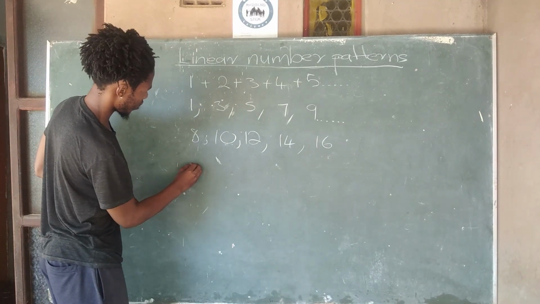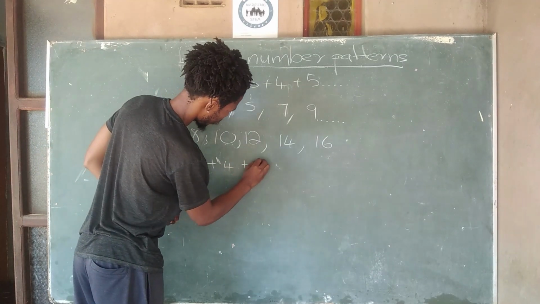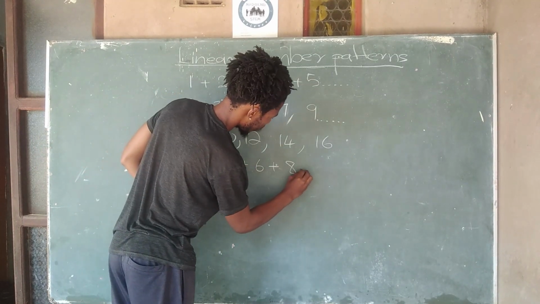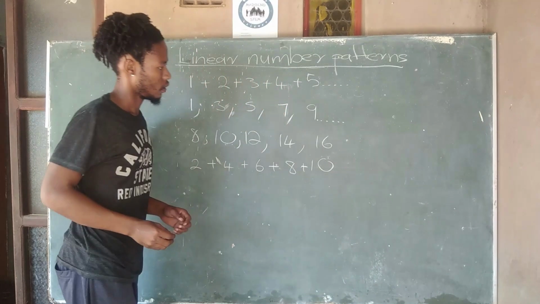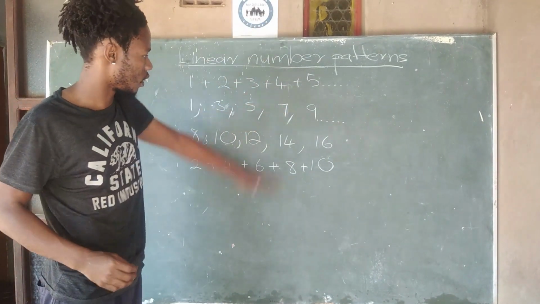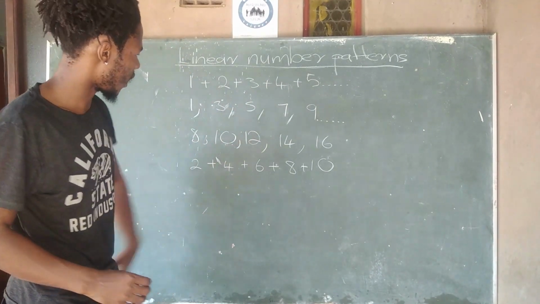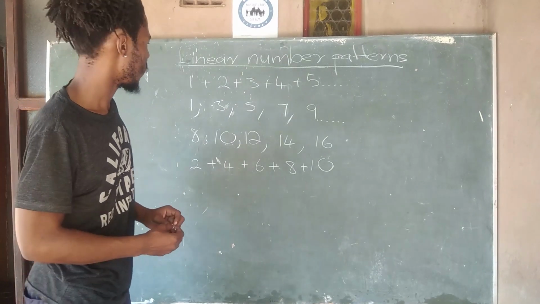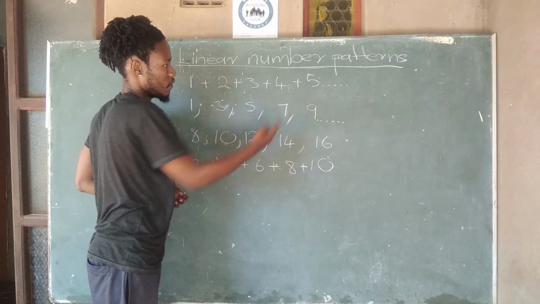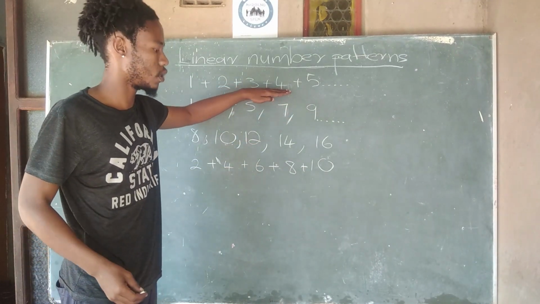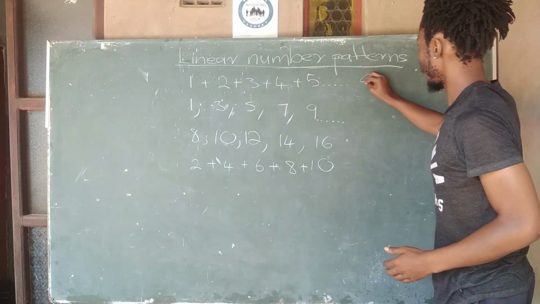And I write 2, 4, 6, 8, 10. The difference between series and pattern is that you can see here, 1 plus 2 plus 3 plus 4 plus 5. This is a series. This is not a sequence. This is a series of numbers.